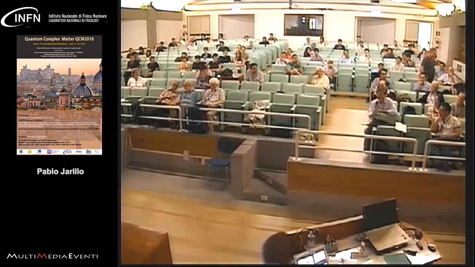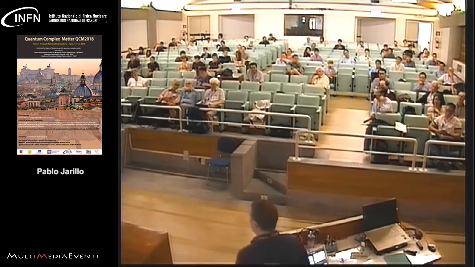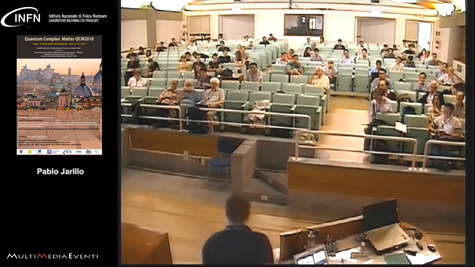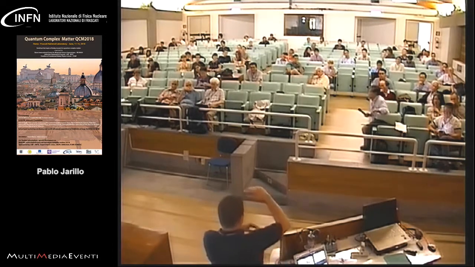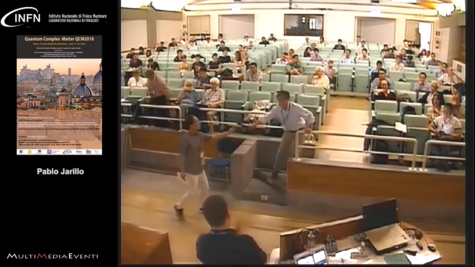So have you seen superconductivity on the electron side? We've looked and we haven't seen signatures of superconductivity on the electron side yet. Do you have any idea about the difference between the hole and the electron? We're not sure what the difference is. I mean, the band structure is hugely asymmetric, so from that point of view, there is already an asymmetry between electrons and holes.